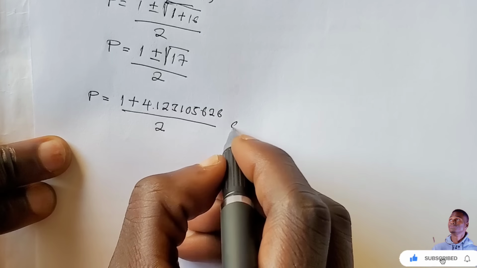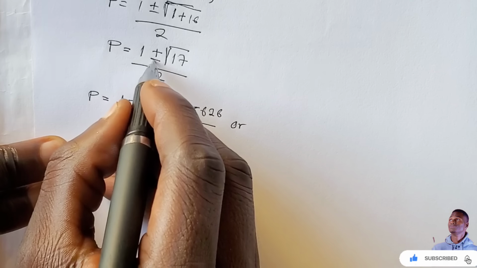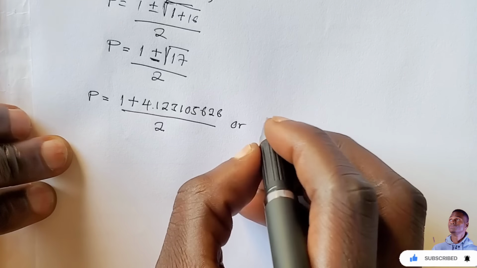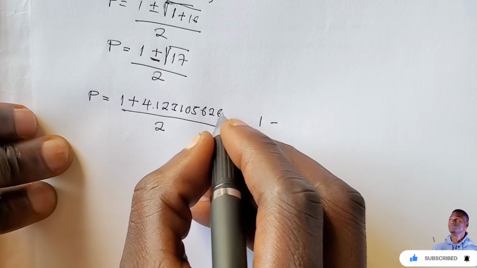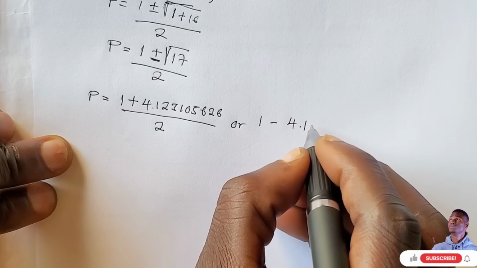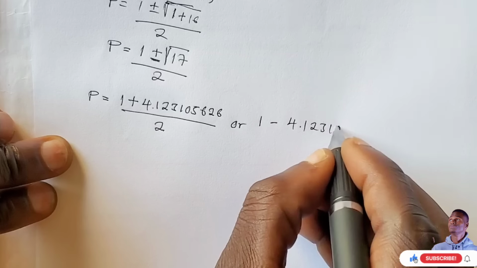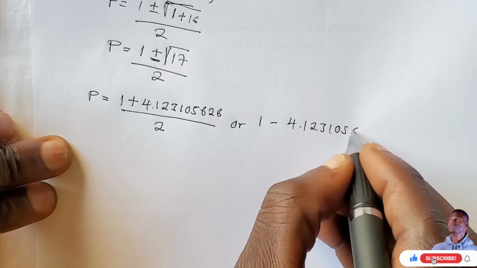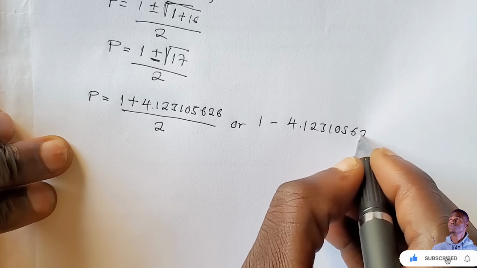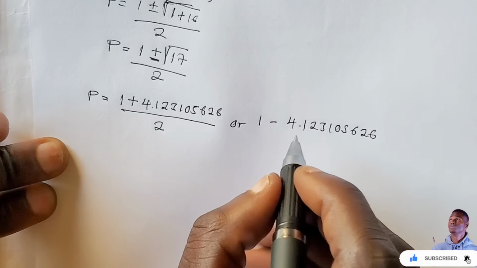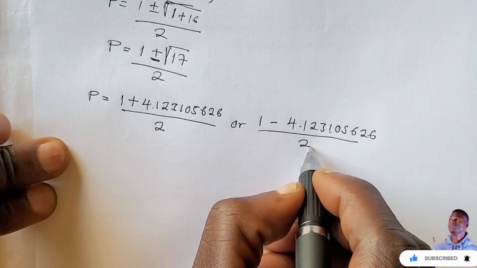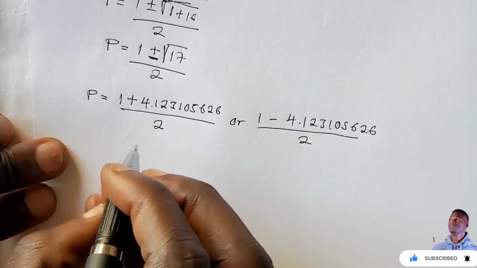Or, in this case, we're going to use minus: 1 minus the same number, 4.123105626, over 2. Are we together?